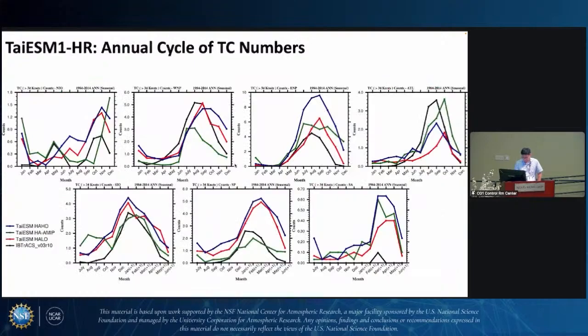And this panel shows the annual cycle of TC numbers, where we focus on the Western North Pacific. The hires-low and the halo can both simulate the annual cycle pretty well, although the peak occurs a little bit late compared to observation.